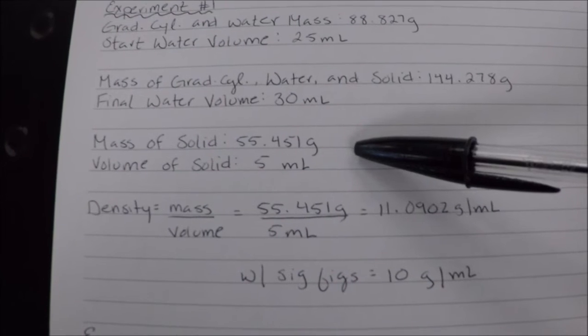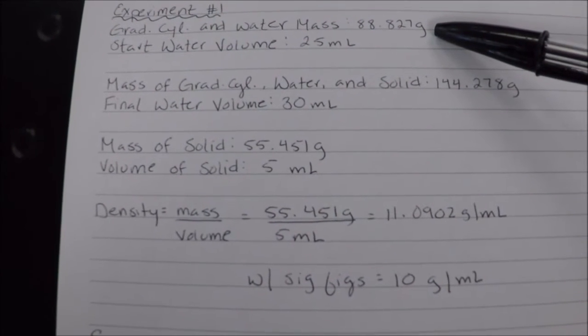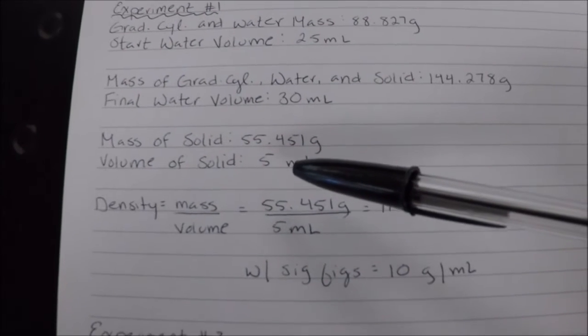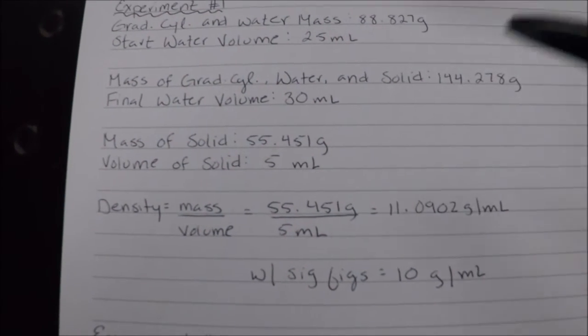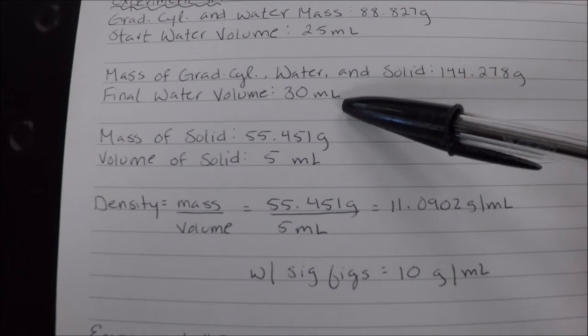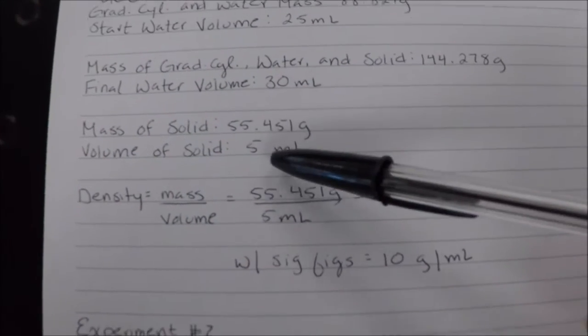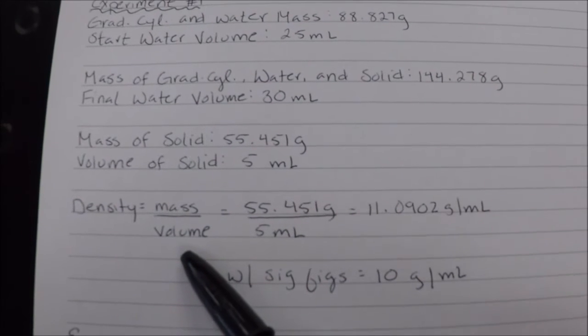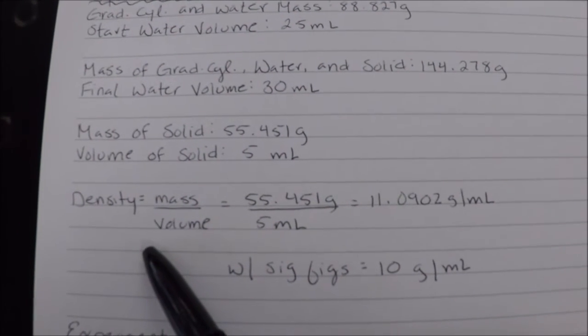So the total mass of the solid, by subtracting 88.827 from 144.278 grams, came out to be 55.451 grams. And the volume of the solid, which is the difference between the two water volumes, was 5 milliliters. Now, using this information, we can find the density, and density, as you know, is mass divided by volume.